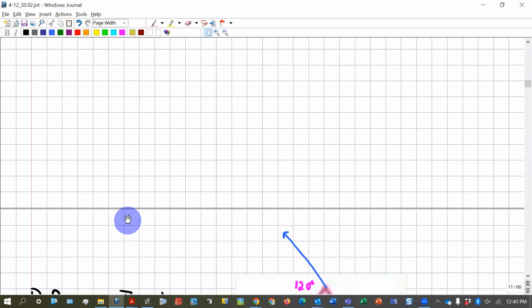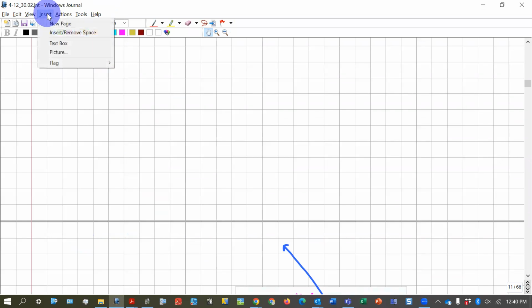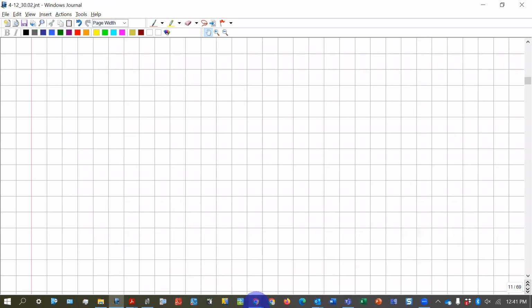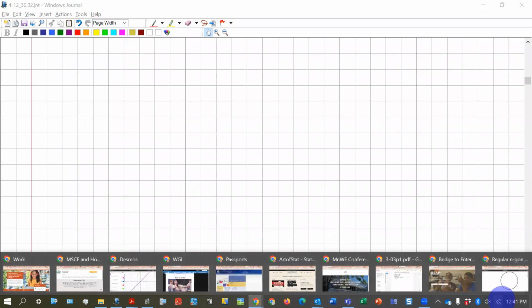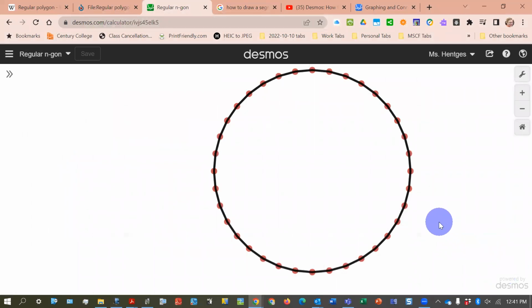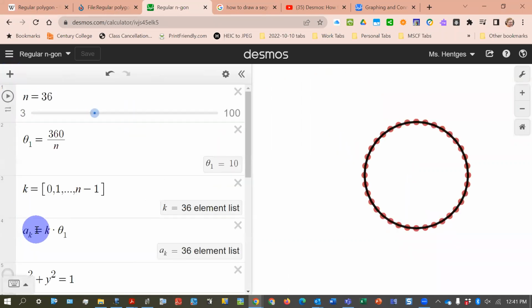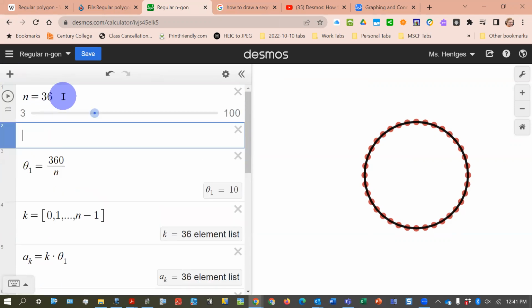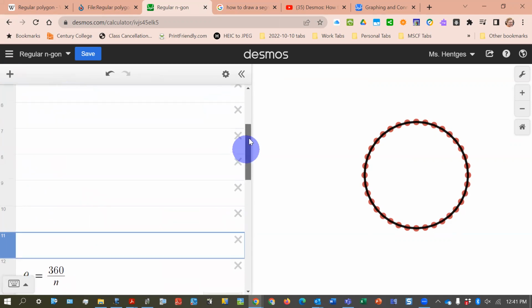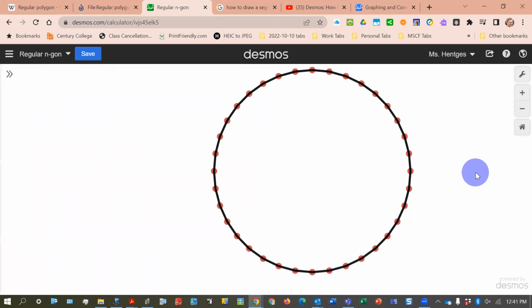And what I was just doing in this last hour was I created an online tool that will draw a regular polygon of however many sides I want.